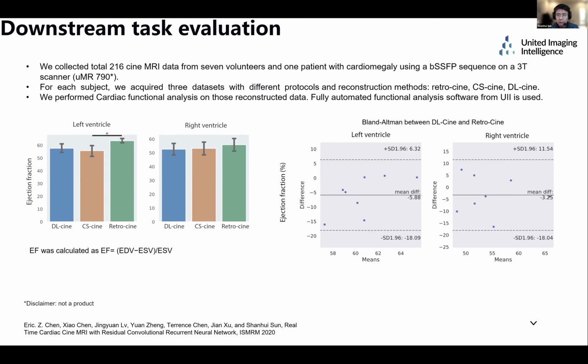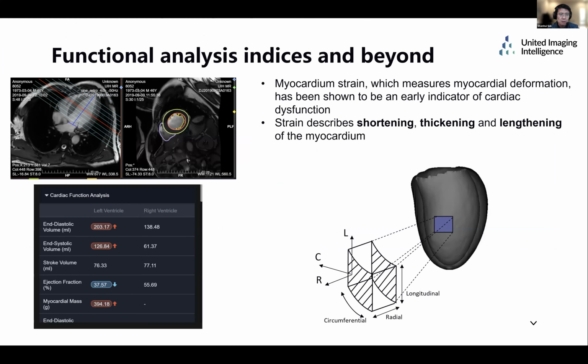In the future, we would like to expand our evaluation to a larger population. On top of the functional analysis with those metrics I talked about, such as end diastolic volume, end systolic volume, ejection fraction, myocardium mass, and so on, in recent years myocardium strain has become pretty popular.